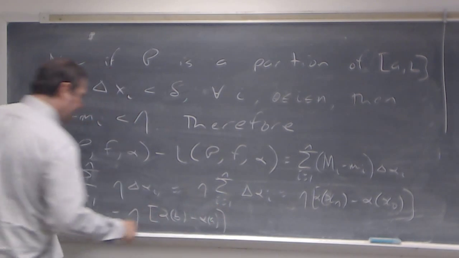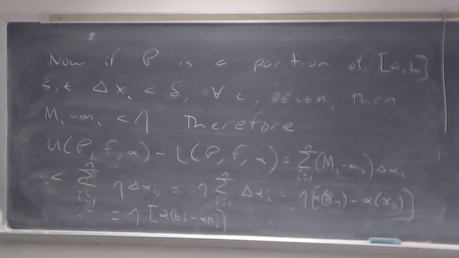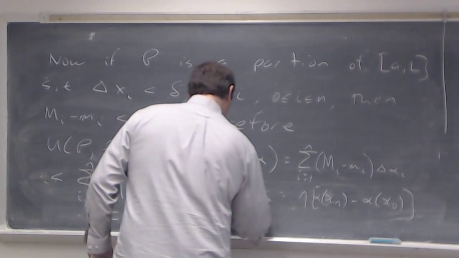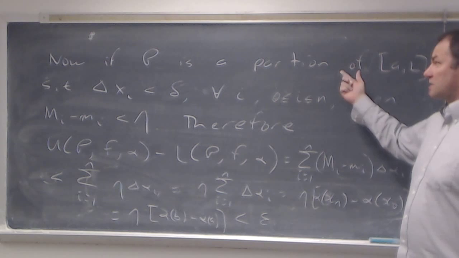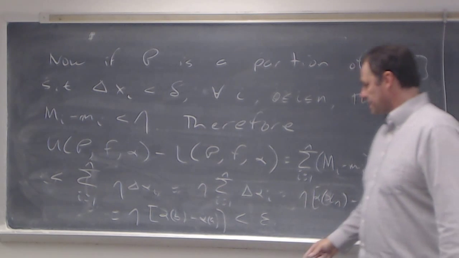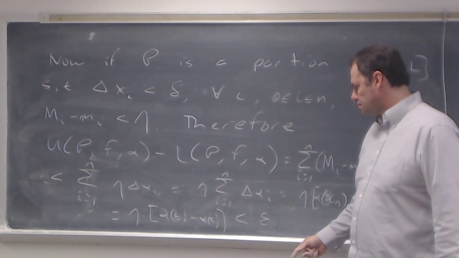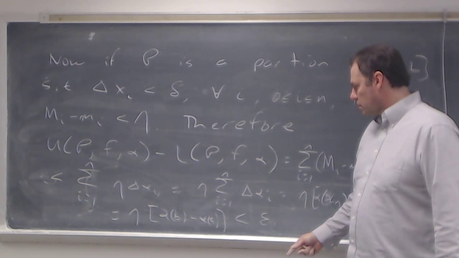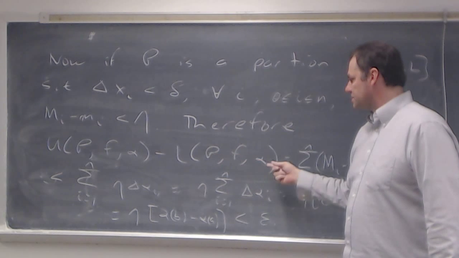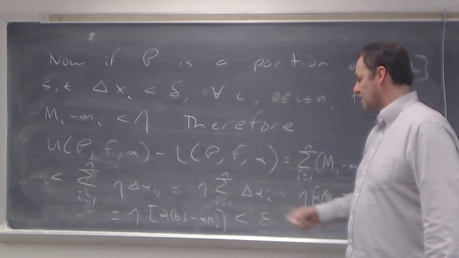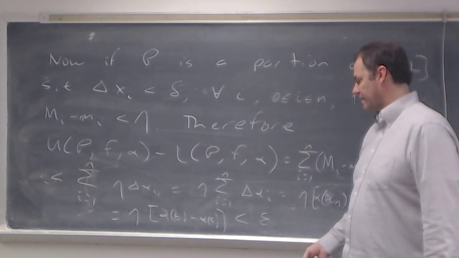But we've chosen eta such that, if you remember, that's less than epsilon. Okay? So we have created, and there are lots of such partitions, partitions such that the upper sum minus the lower sum is less than any particular given epsilon.